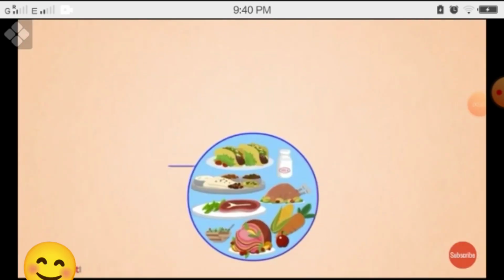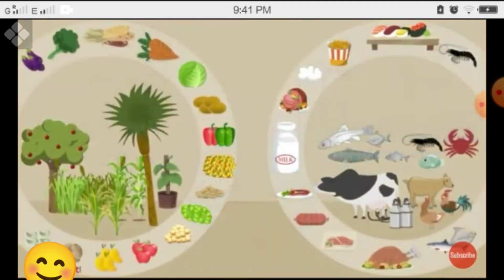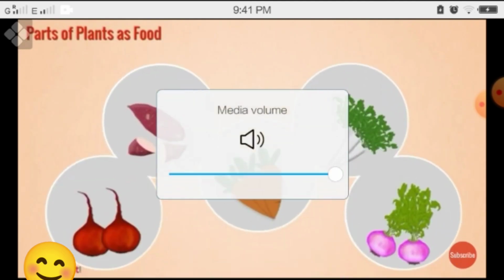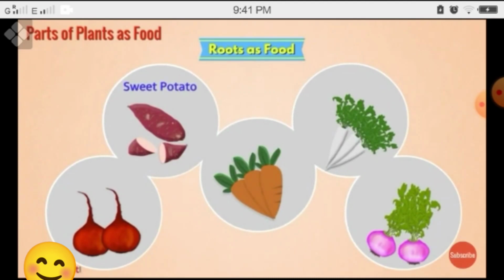Food is necessary for the growth and maintenance of our body. We obtain food from plants and animals. We use different parts of the plants as food. For example, we use roots of plants like sweet potato, carrot, radish, beetroot, turnip, etc. as food.